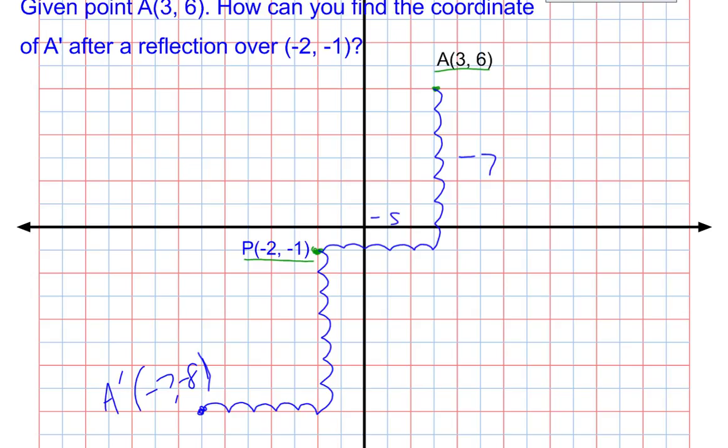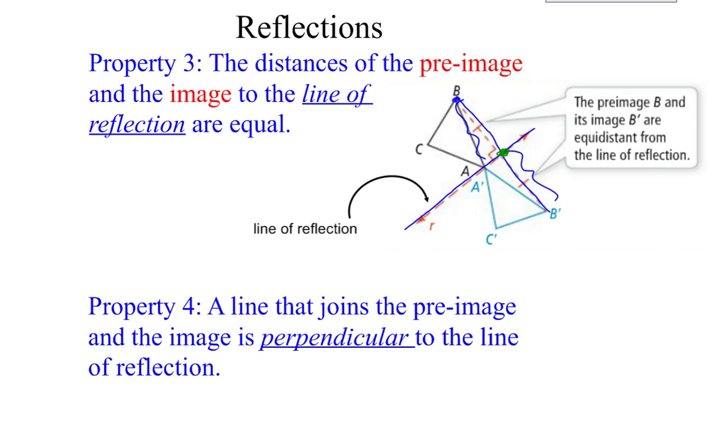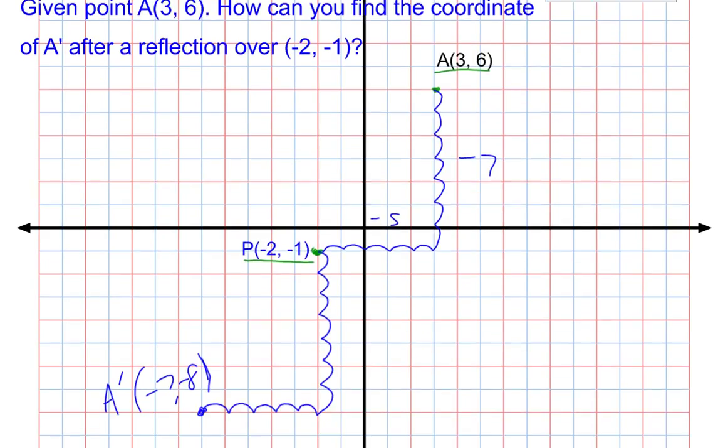Number one, we know that the distance from the line of reflection, or in this case the point of reflection, to the pre-image, which is this guy, and to the image, which is that guy, has got to be the same. And notice how these two are the same.